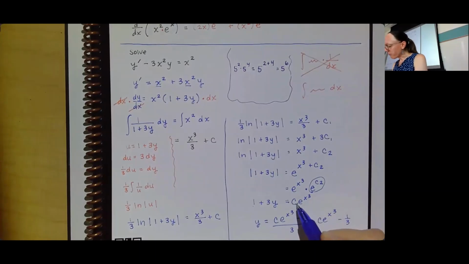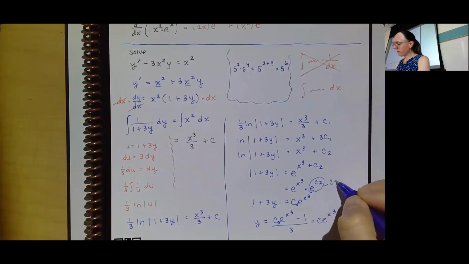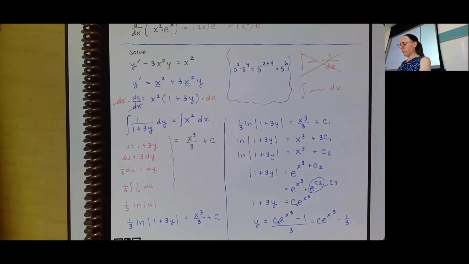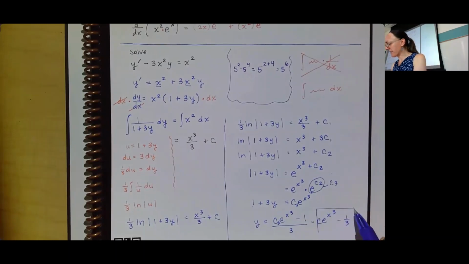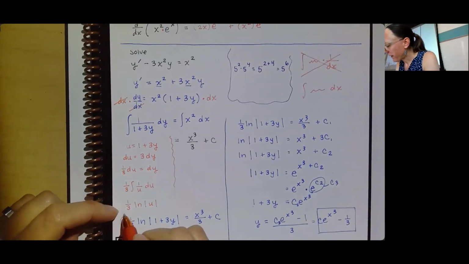And just so that I've been consistent about my labels, I'll call this whole thing C3, so that my final answer is the one that just has a C in it. By the way, we had technically solved the differential equation way back here at this step.